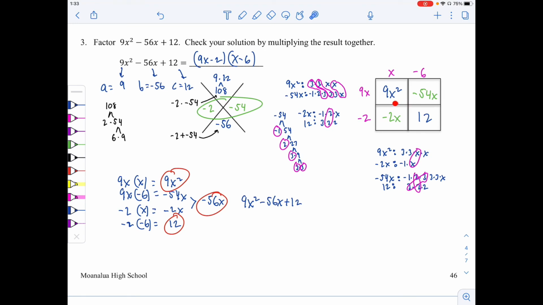Then you put it in a box. Your factors here, negative 2 with the x, negative 54 with x. First term, last term, and you find your GCF of each row and GCF of each column. And then you have your answer right there, 9x minus 2, x minus 6. That's how we got that.